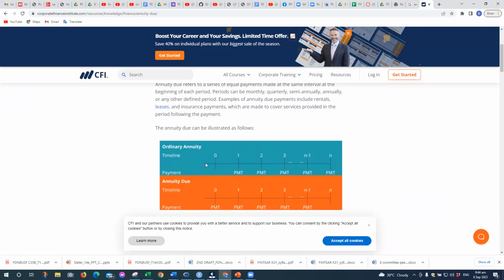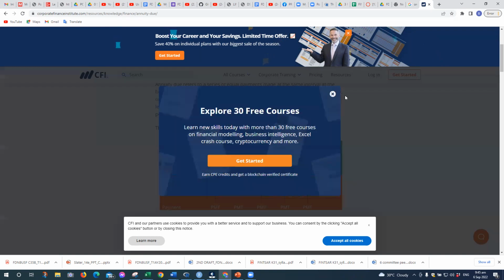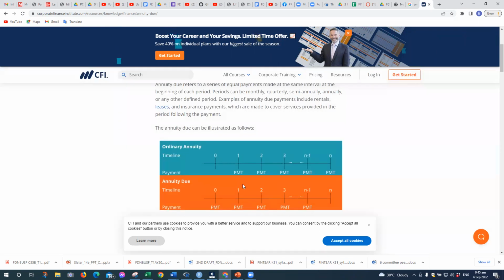Ordinary annuity. Notice the timeline. So this is time 0, which means now. And then after one period, this can be after 1 day or after 1 week or after 1 month, 1 quarter. It depends on the period being considered. It can be after 1 year. So this is after another year, etc. Notice that for the ordinary annuity, the cash flow being considered occurs at the end of the first period.